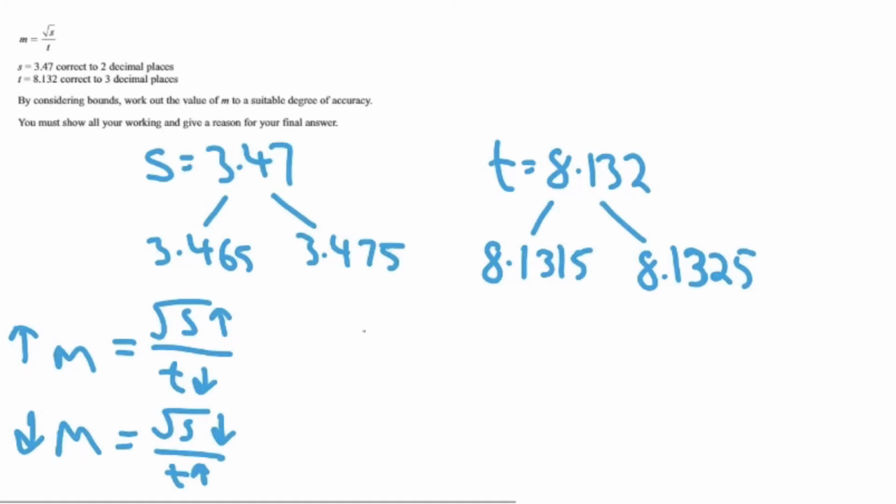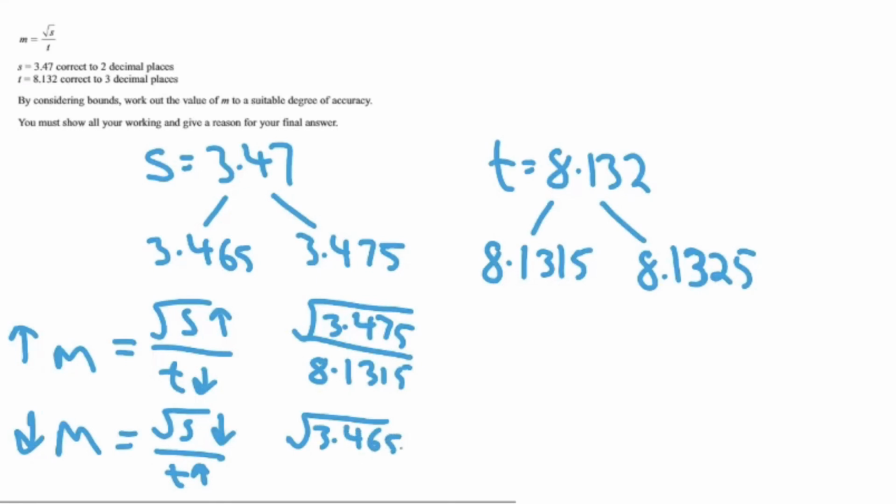Well, for the first example then, we're going to therefore have the square root of 3.475 over the 8.1315, and for the lowest value of m, we're going to have the square root of 3.465 over the 8.1325. At this point, you'll just put them into your calculator.